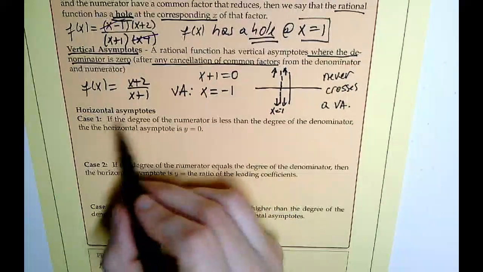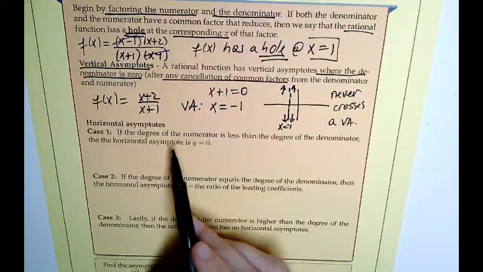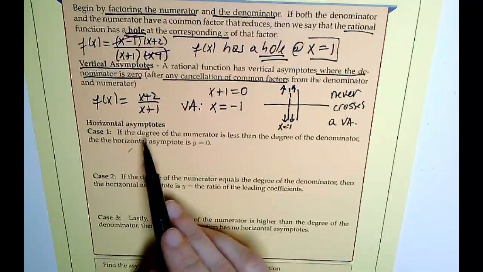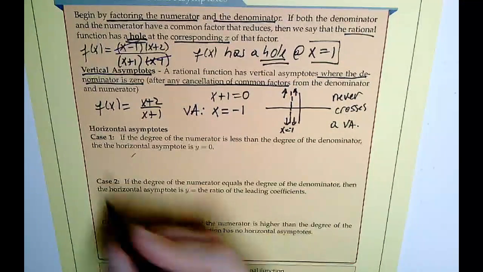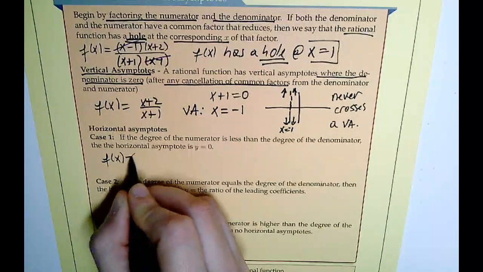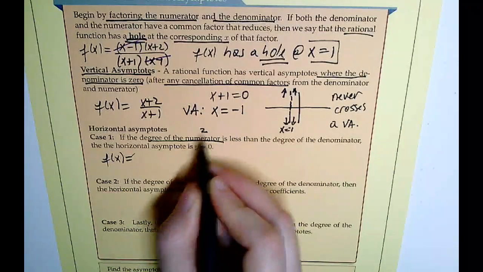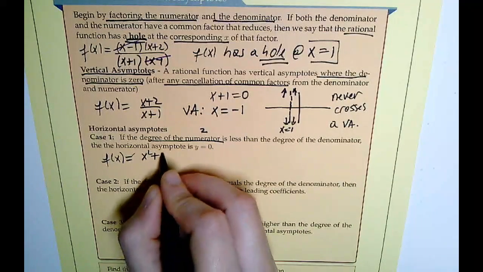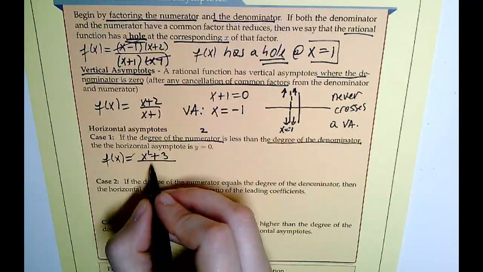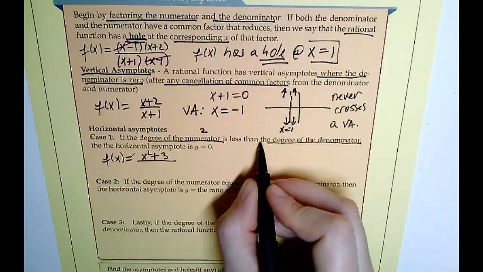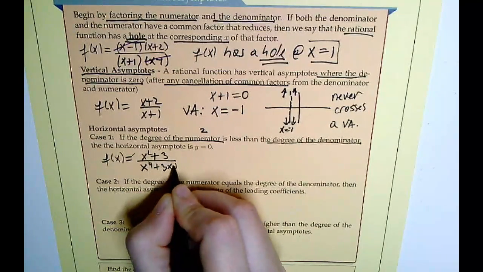Now, horizontal asymptotes. Horizontal asymptotes have 3 cases. If the degree of the numerator is less than the degree of the denominator, let's say the degree of the numerator is 2, so it will be x squared plus 3, for example, and then the degree of the denominator is 4, x to the 4th plus 3x plus 1.